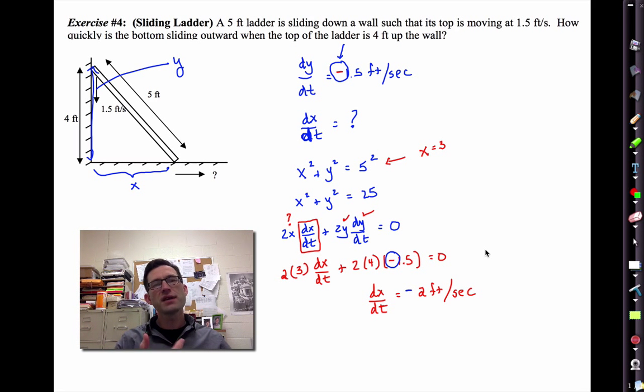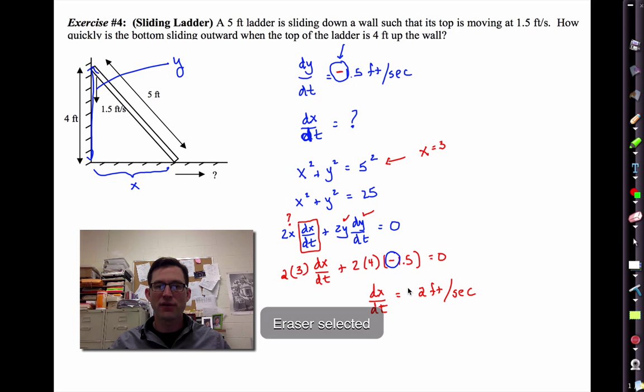Now in this case, x is a length. It's the length of the base, the length that the bottom of the ladder is away from the wall. And clearly, as the top falls down, that distance is increasing. But if we had forgotten the negative on the dy/dt, we would have found, counterintuitively, that as the ladder fell, its base point would have been getting closer to the wall. That's what that negative would have told us, which is obviously wrong.